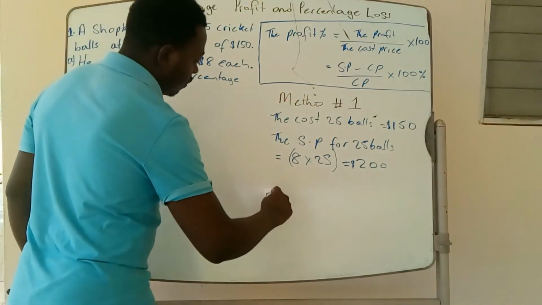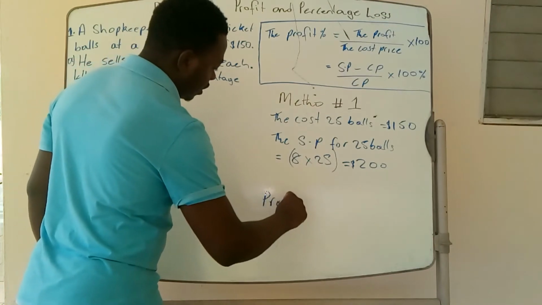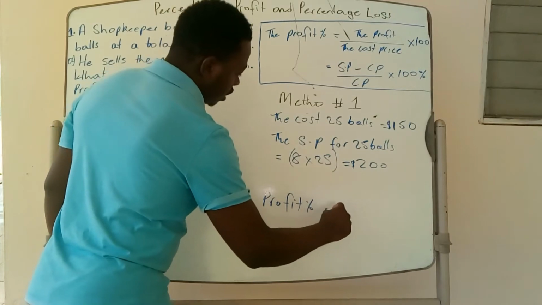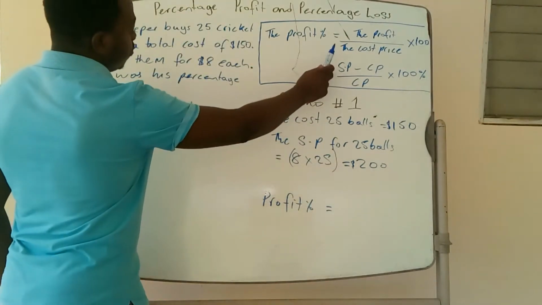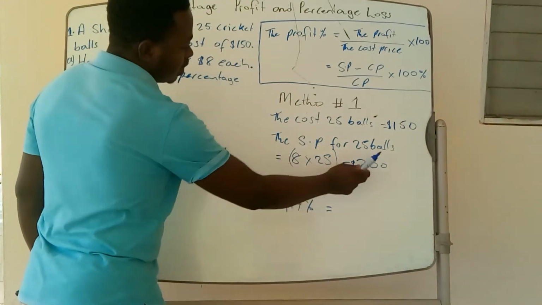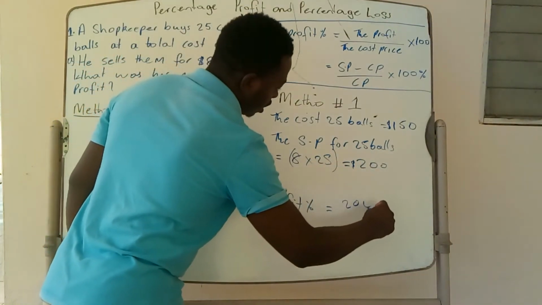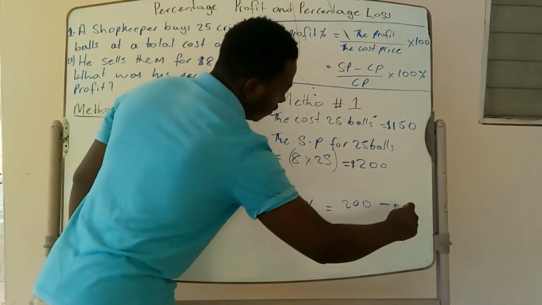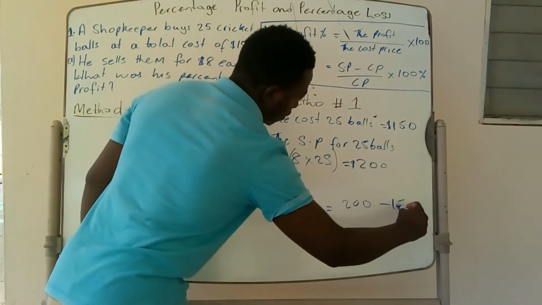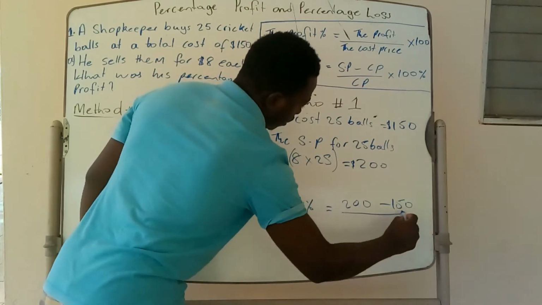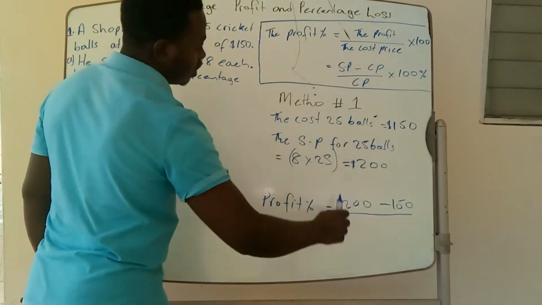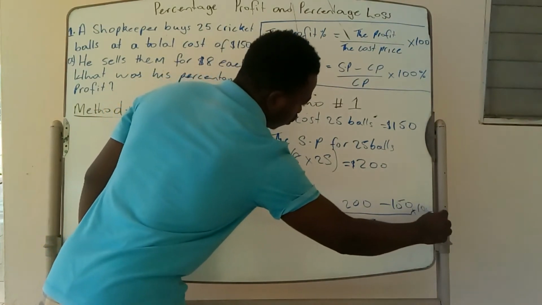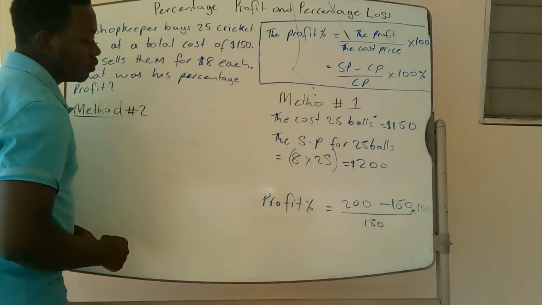So we know that the profit percent is going to equal the selling price, and in this case the selling price is 200, so it's going to be 200 minus the cost price, and the cost price in this case is 150, all over the cost price, which is 150, multiplied by 100%, right?